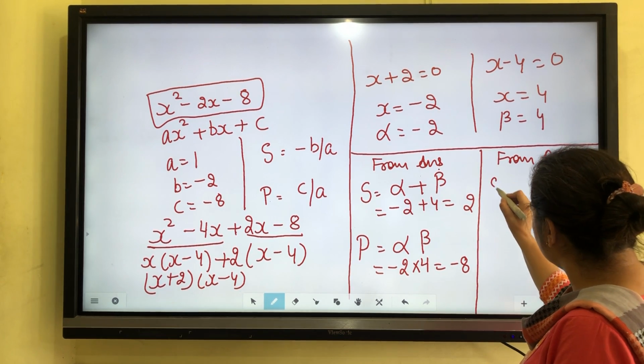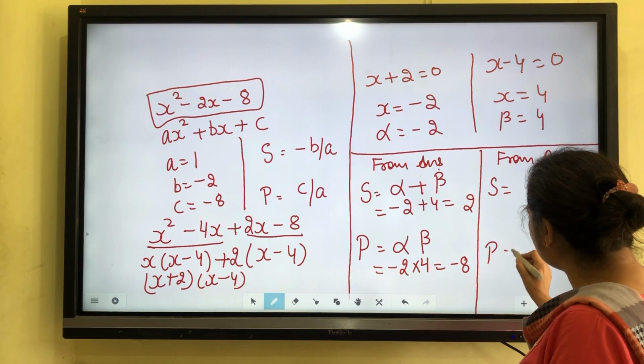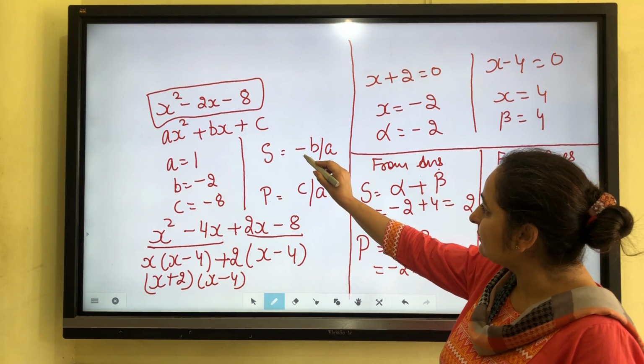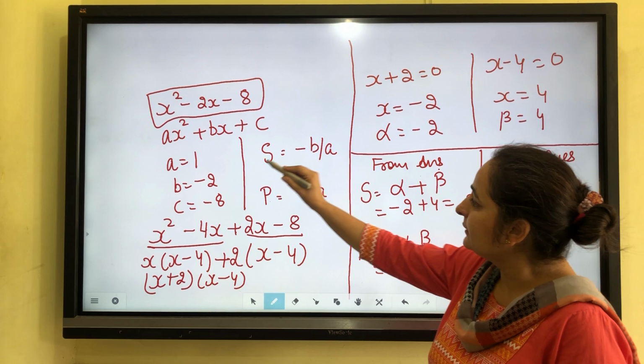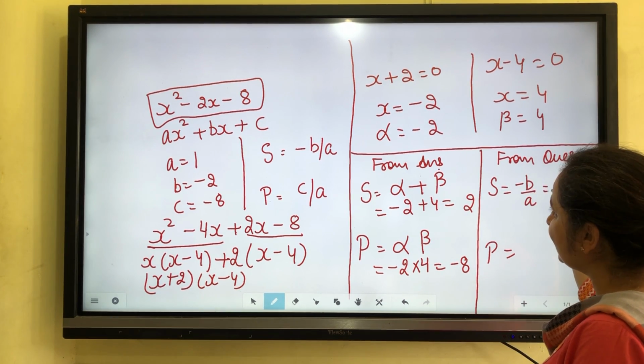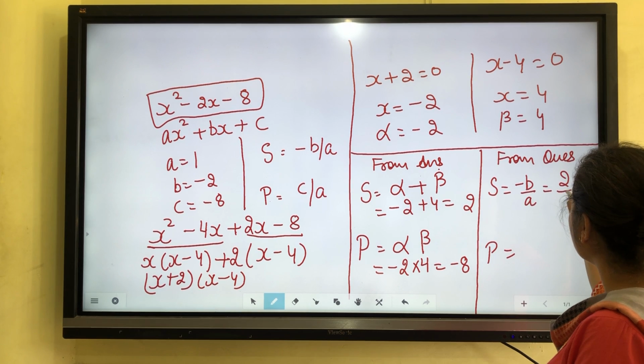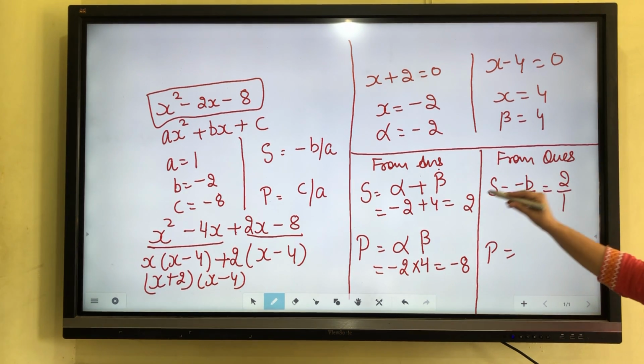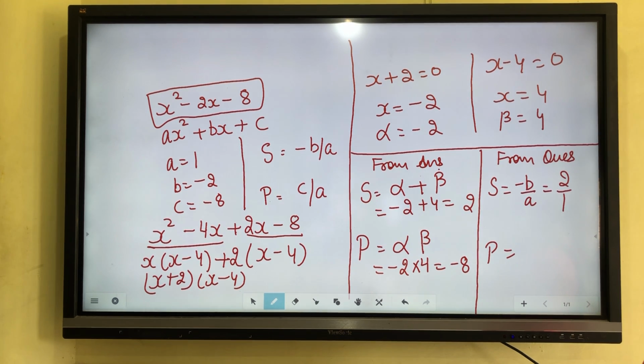I told you the formula by seeing the question that the sum is equal to minus b upon a. Now what is the value of minus b upon a? That is 2 upon 1. This sum is equivalent to this sum. That is, the sum of the question and the answer are both the same. Therefore, we are able to verify the question.